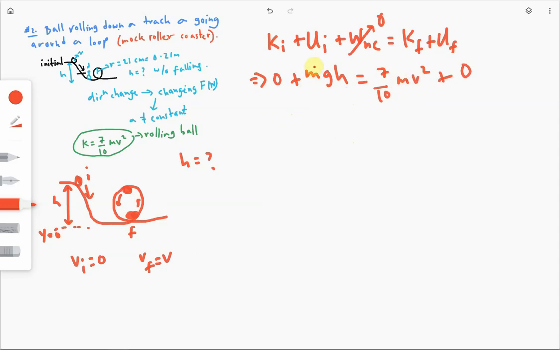Both are the mass of the rolling ball, and both of these terms have the same term, so we can divide it out.